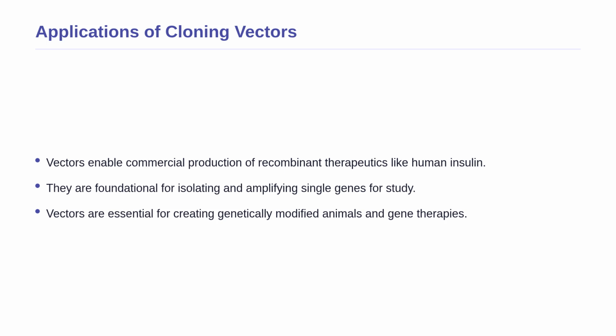Without these microscopic delivery vehicles, we simply would not be able to produce life-saving recombinant therapeutics, like human insulin or blood clotting factors, on a massive commercial scale. Furthermore, they are absolutely essential for creating genetically modified animals and developing advanced gene therapies, where healthy genes are delivered directly into patients to cure devastating genetic diseases.